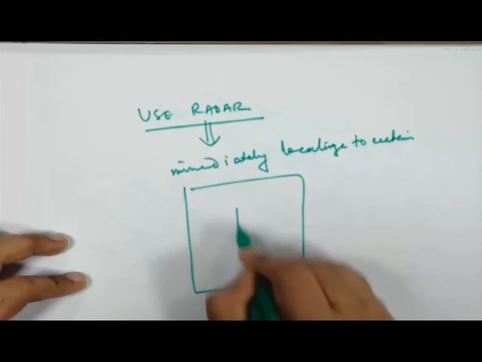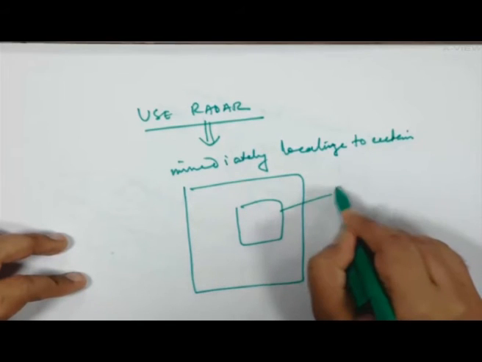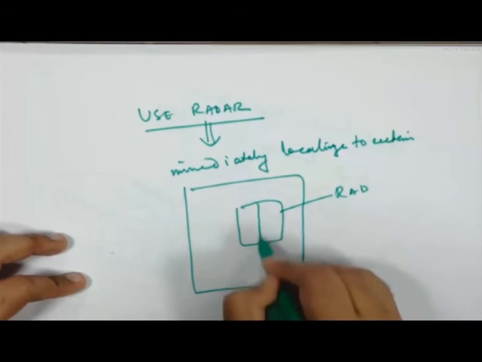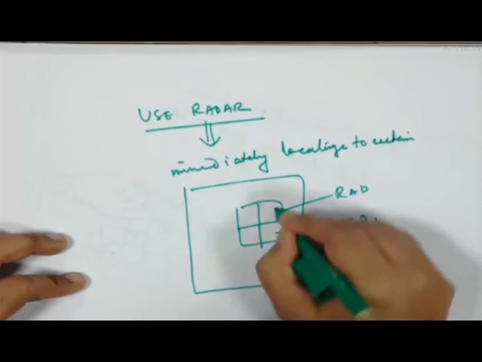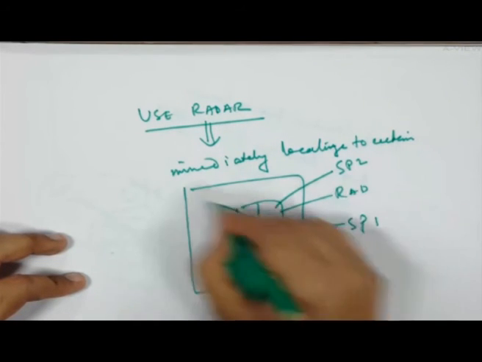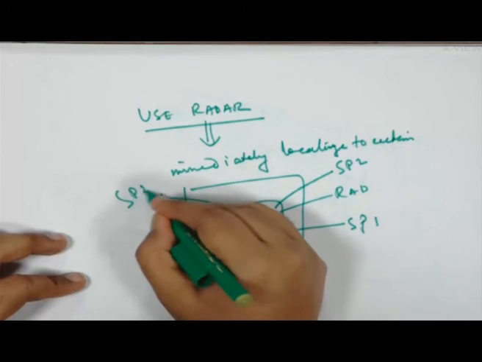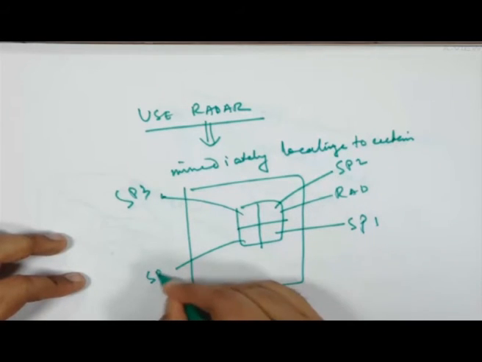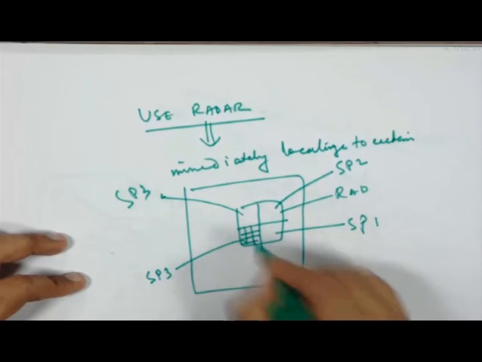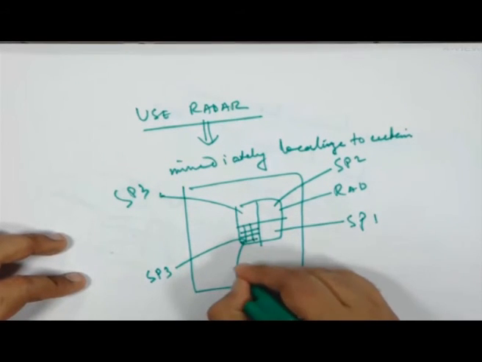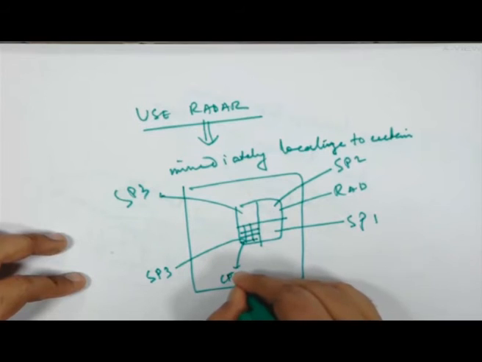So you will be localized into this area using radar. This has various spots: spot 1, spot 2, spot 3 and spot 4. Each spot has various locations, and you are getting a CFR for each location.